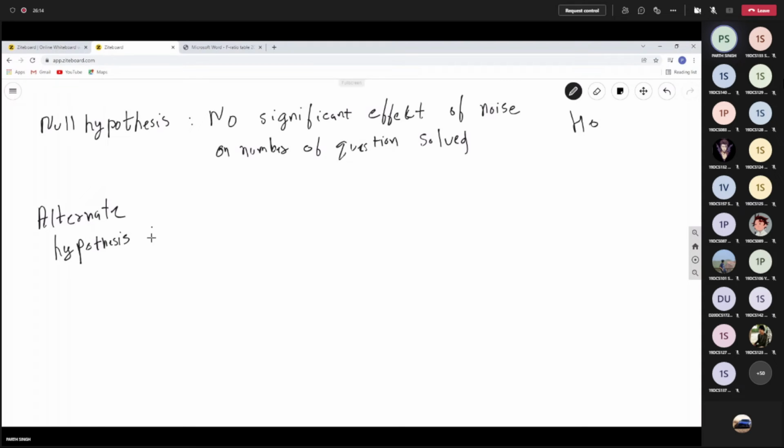That means if anything is different, whenever there is something happening, then our old hypothesis, that is the null hypothesis, is not holding exactly, and the opposite is happening. So here the alternate hypothesis will be that there is a significant effect of noise on the number of questions solved.